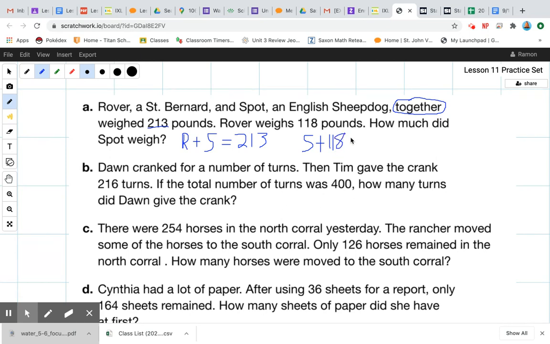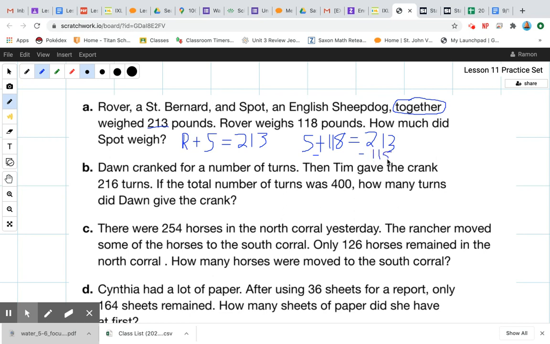So Spot's weight plus 118 equals 213 pounds. From here, the only thing left to do would be to solve for S. In order to do that, we have to use our inverse operation. In this case, since we're adding, the inverse would be subtracting 118 from both sides.